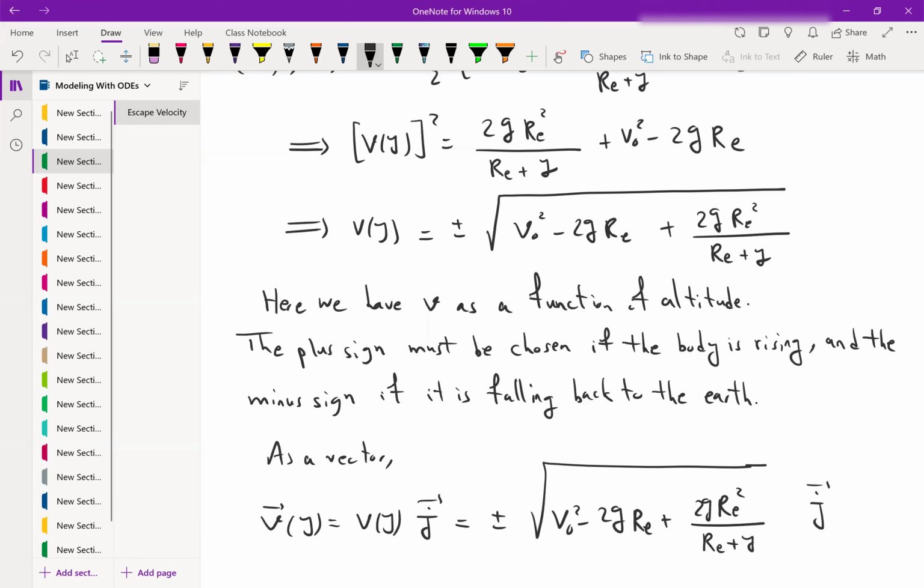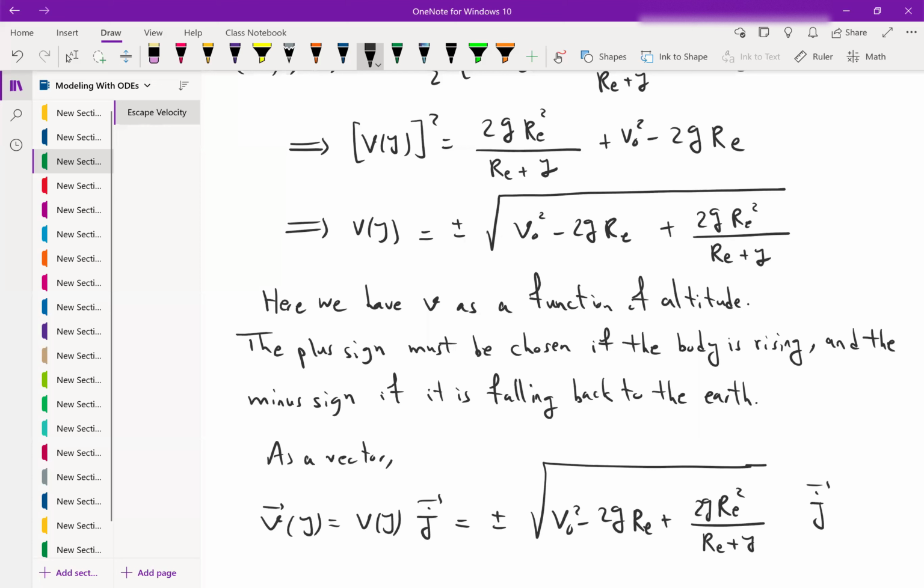And remember, the second part was that we want to make sure that v0 is such that the maximum altitude is h. So what does that mean? We want to make sure that when we reach the altitude h, the body starts falling back to the earth.